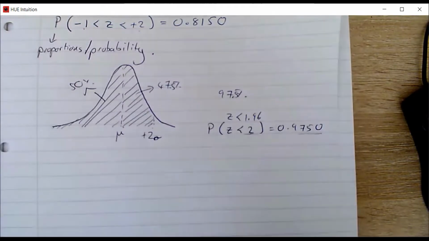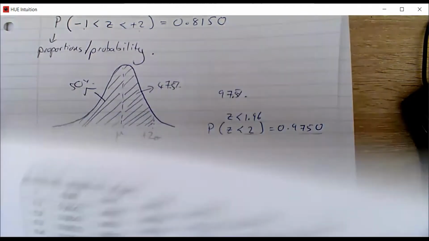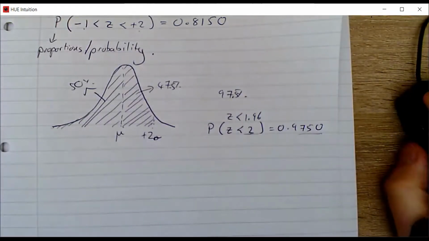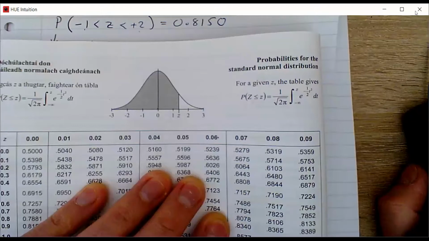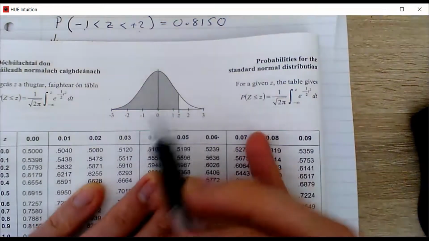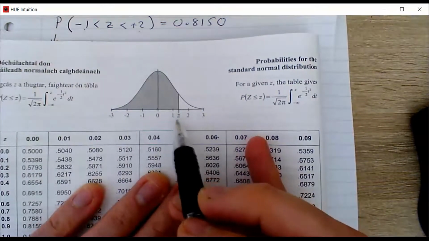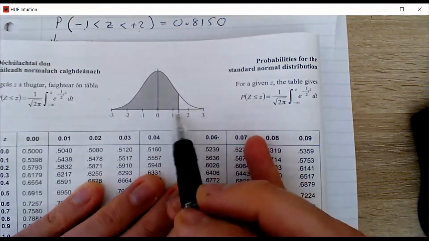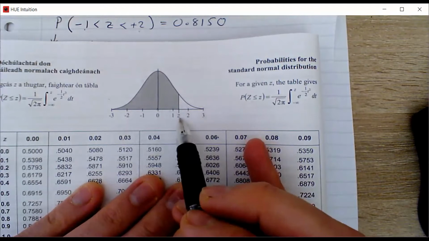Okay, so these normal distribution tables is what we're going to use from now on to calculate our probabilities in this exercise. And what these tables always tell you is the proportion of values in a normal distribution which are less than a particular z value.